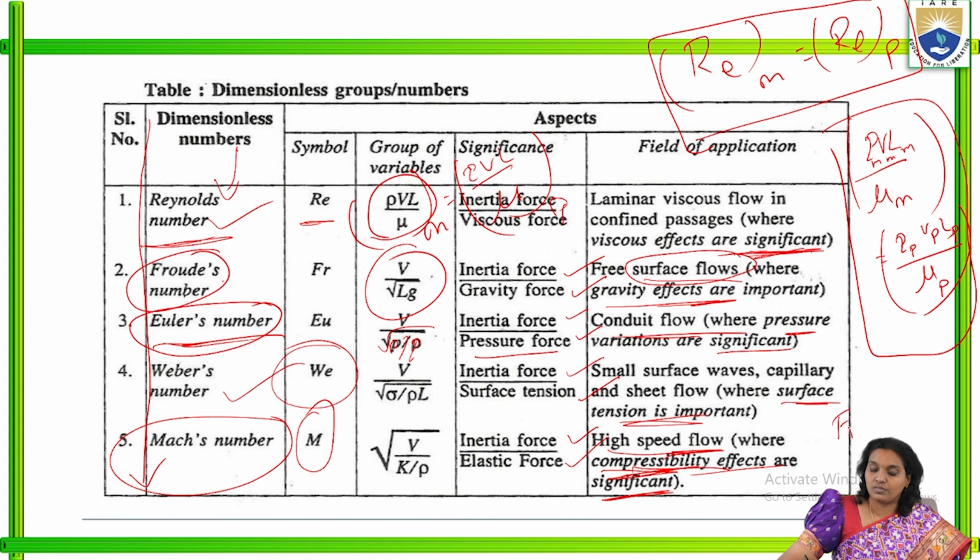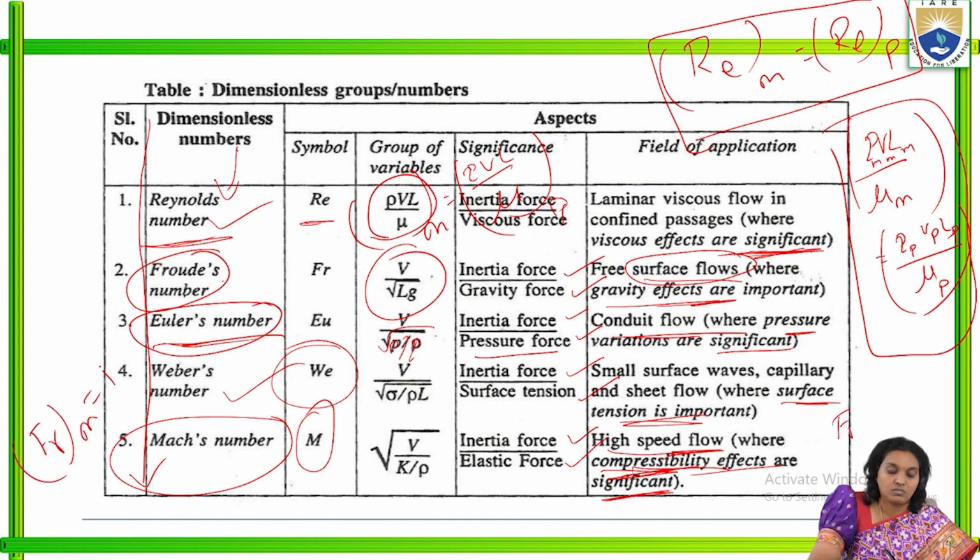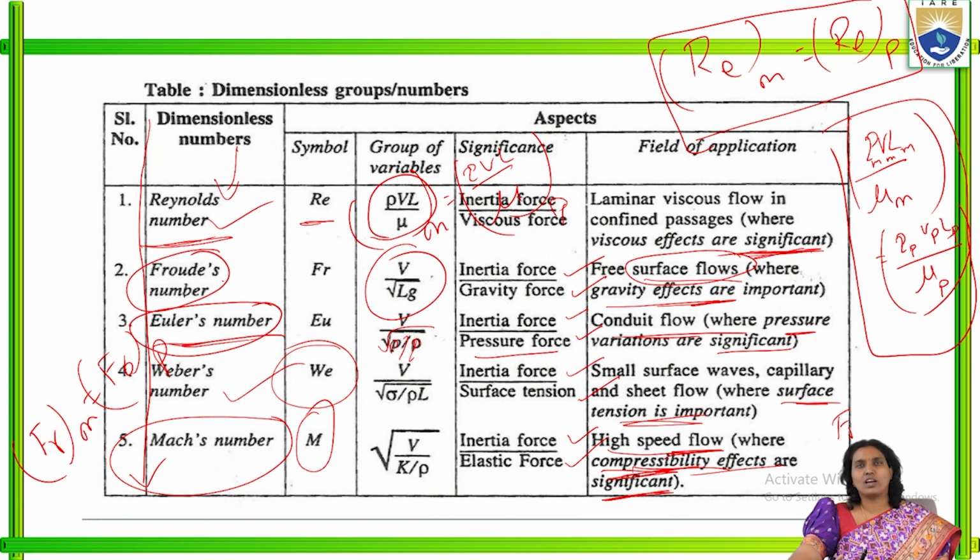Similarly, the Froude number of the model is equal to that of the prototype, and likewise for Euler's, Weber's and Mach numbers we get the model laws. These are dimensionless numbers as well as model laws.